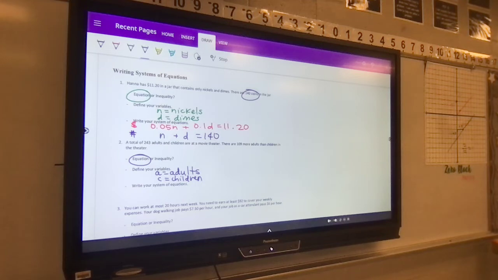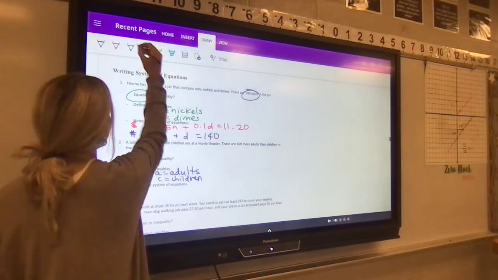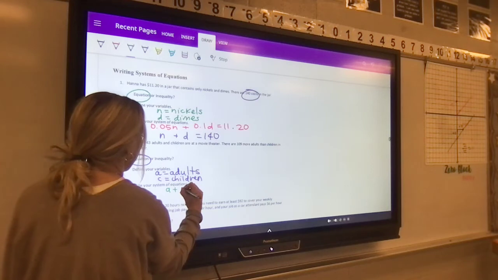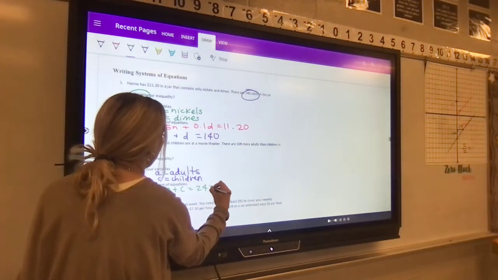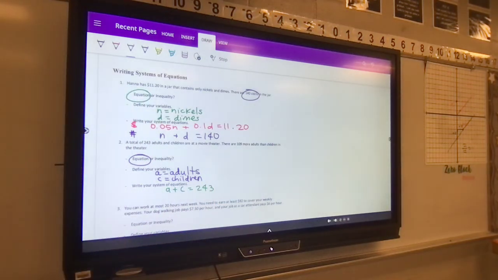Okay, so first we have a total of 243 adults and children. So that would be A plus C equals 243. So that's our amount. Some amount of adults plus some amount of children equals 243 total people.